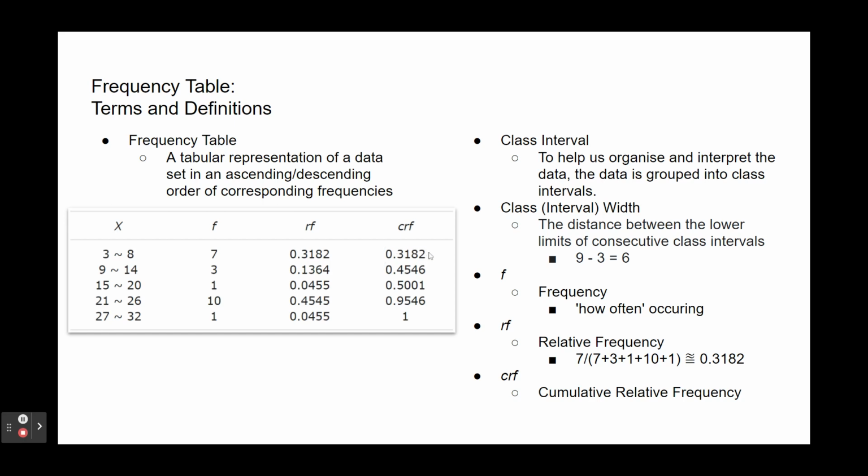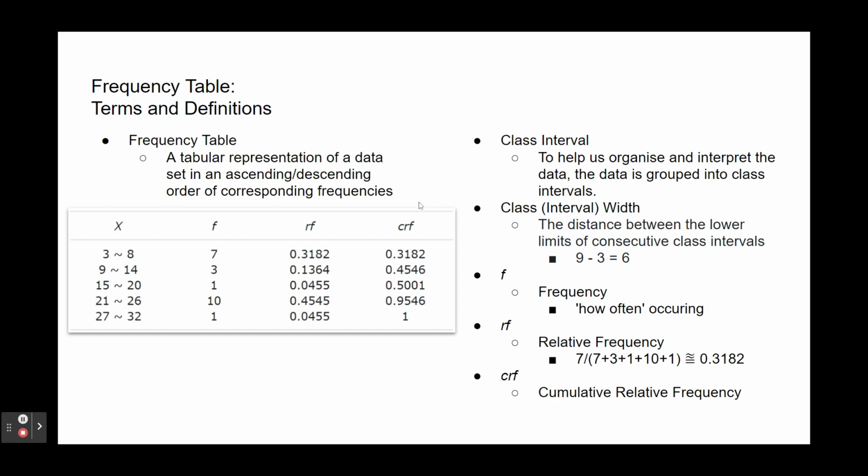In this case, it is the lowest level, so there's nothing before it: 0 plus this category's 0.3182 becomes that same number. How about these cases? 0.9545 is what? Before it, which is 0.5001, plus 0.4545 becomes 0.9546, the cumulative relative frequency.